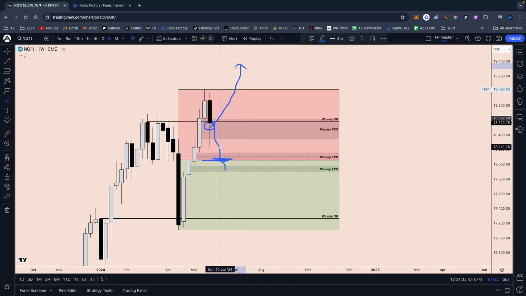In case we continue to go lower, I add another $2,500 right here on this weekly bullish fair value gap. Then I add another 25% right here and another 25% in discount.